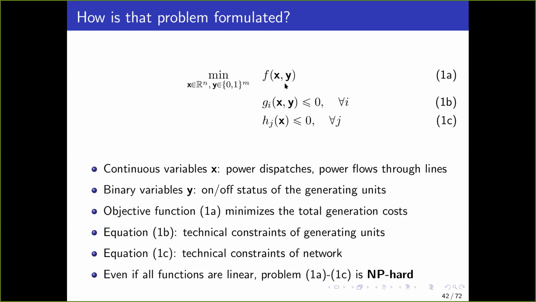We have an objective function minimizing the costs, then 1b are the technical constraints of the generating units, and 1c are the constraints of the network. So even though f, g, and h are all linear, this problem is NP-hard because of these binary variables, and it scales very badly.